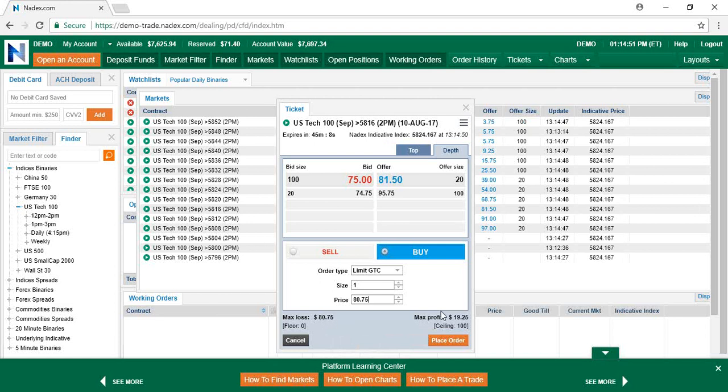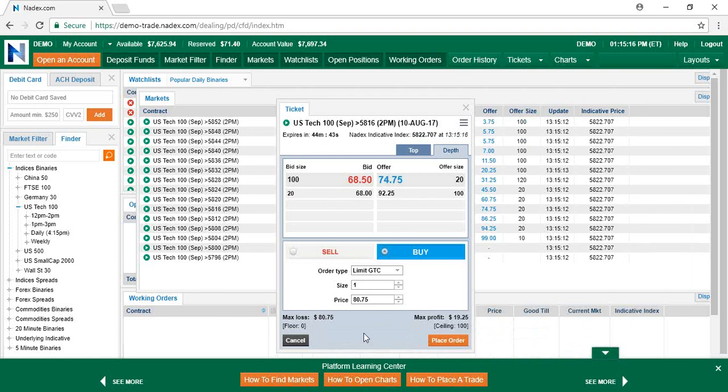What's the most this binary could be worth at expiration if we were correct? $100, right? At expiration, a binary is either worth 0 or it's worth 100. So we're risking $80, and the most we can make is about $20, right? Everybody agree with that? Everybody understand that?